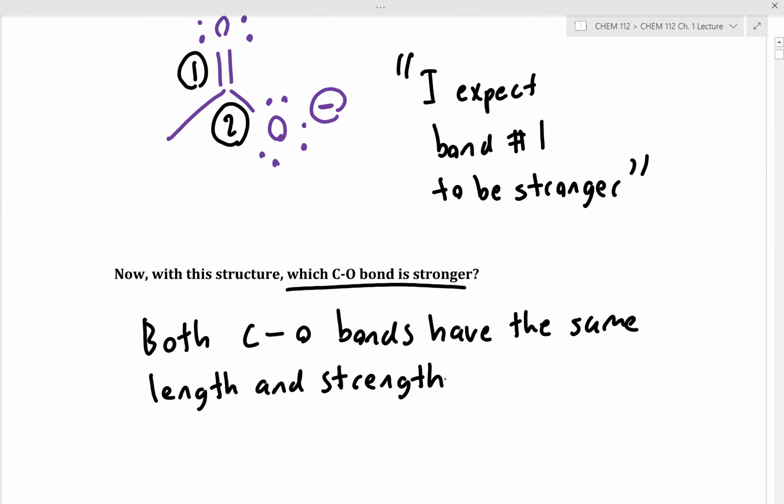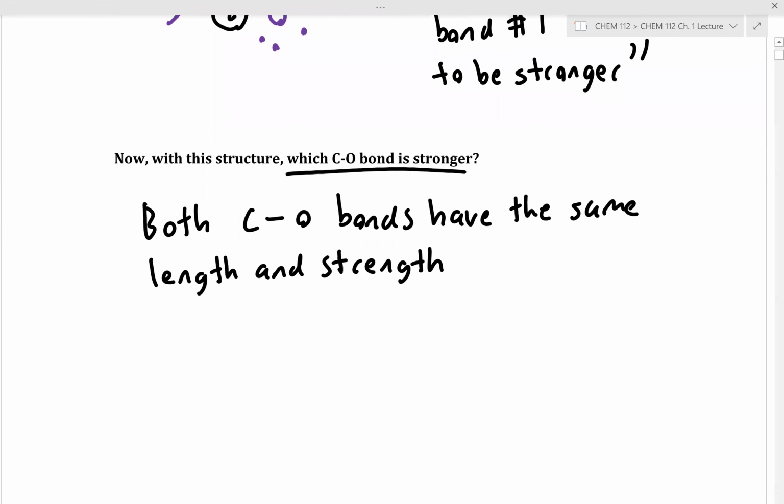And the most interesting thing about this observation is not just that both of these bonds have identical lengths and strengths, but the nature of these bonds.